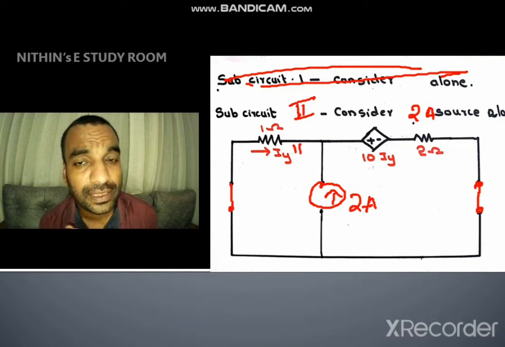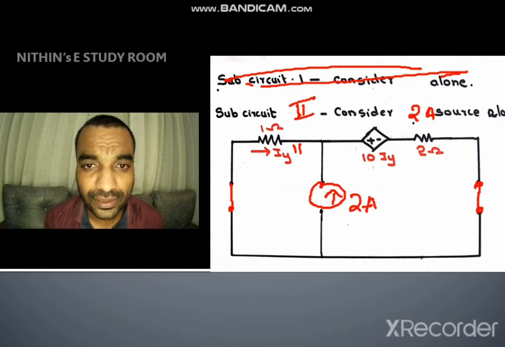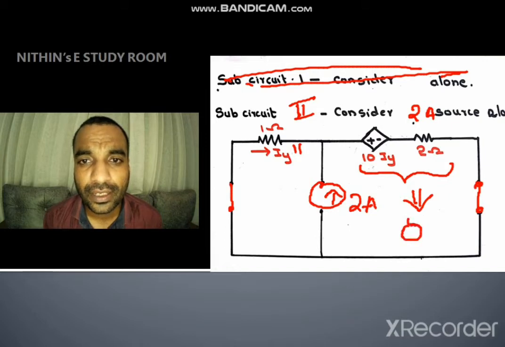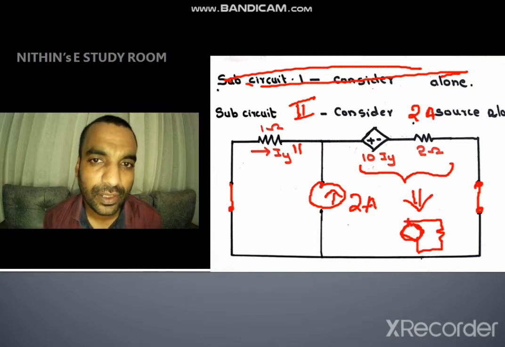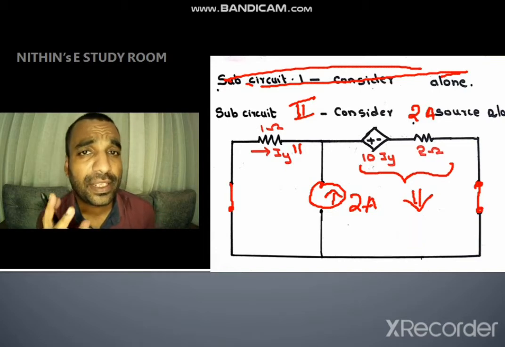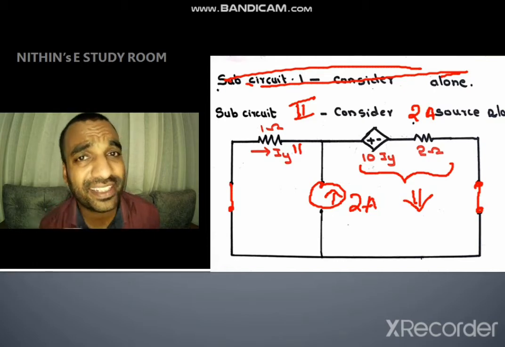So this is the simple way: you can replace this voltage source with a combination of a current source in parallel with a resistance. That is the hint. You have to use the source transformation technique.